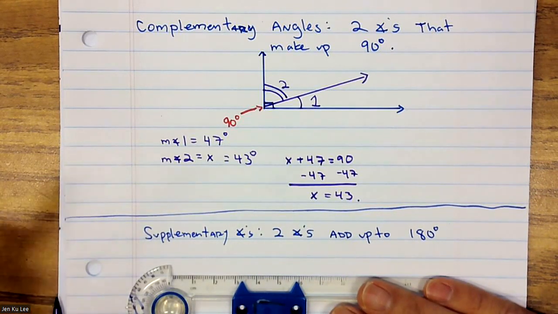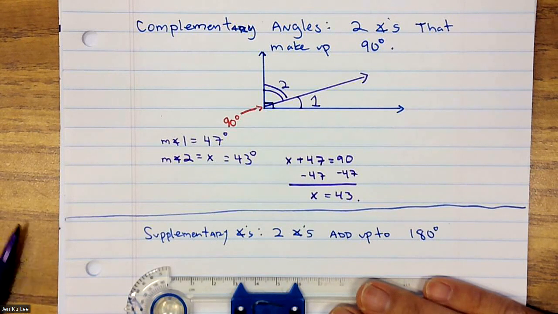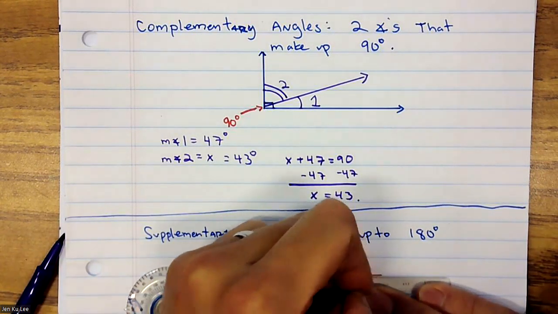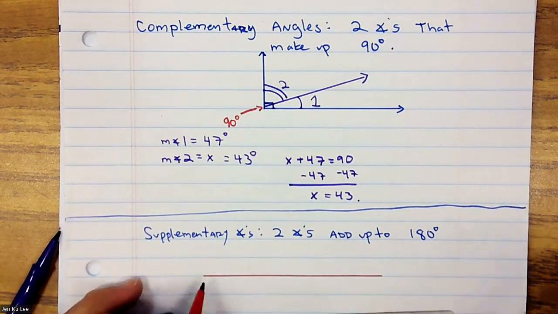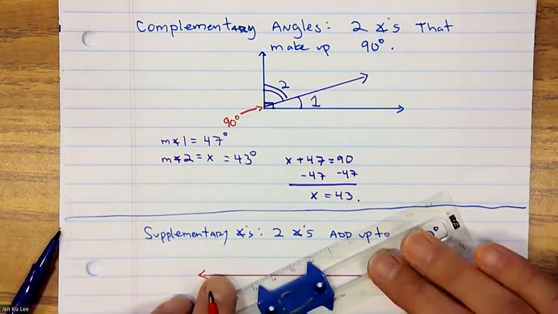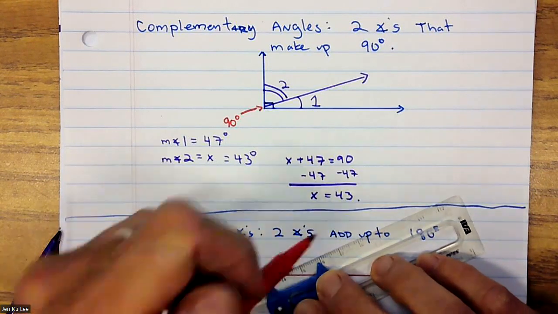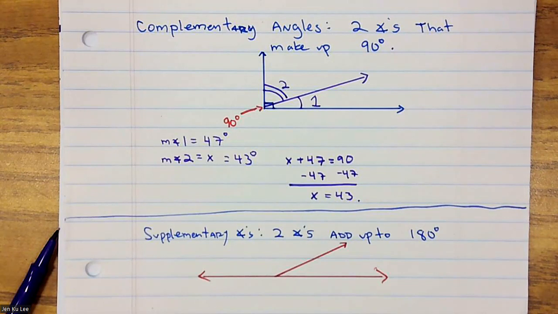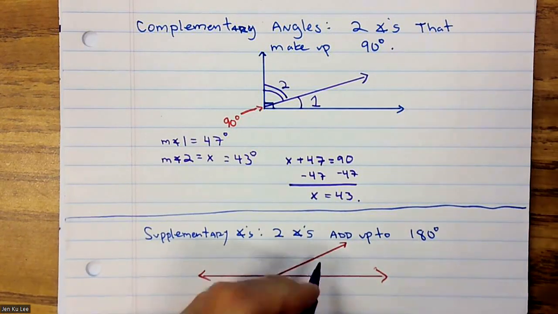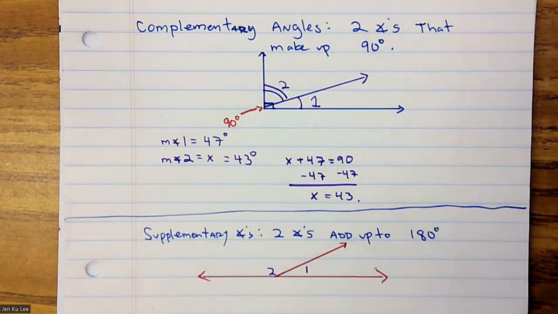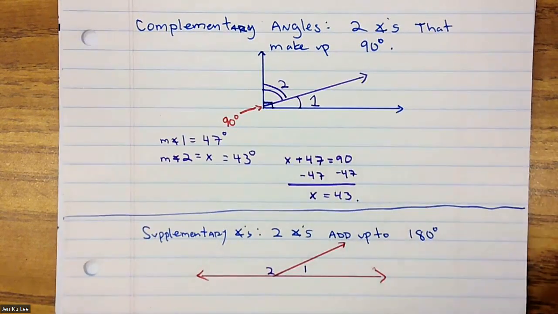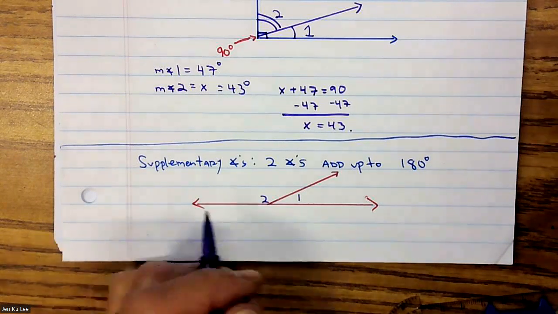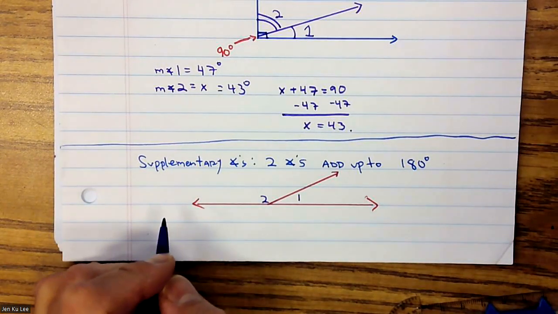What is 180 degrees? How do you draw that? A line. So you just draw a line. Okay? There's my line. And here, I'm just going to draw something like this. So angle 1 and angle 2 add up to 180, so they are supplementary angles.